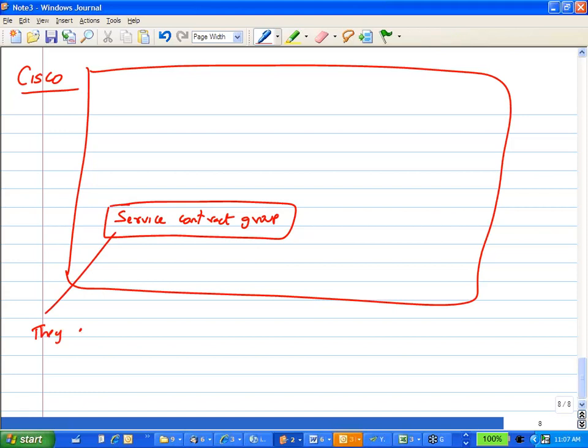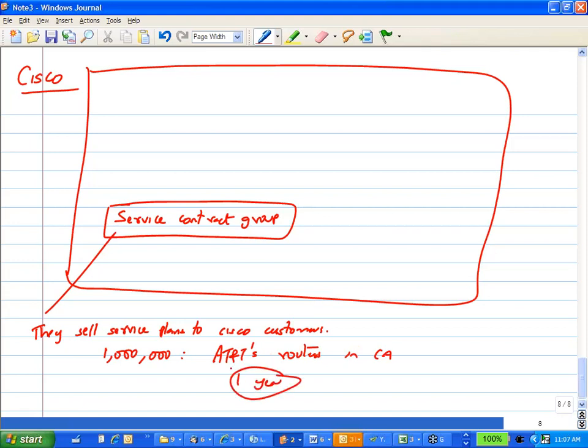They sell service plans to Cisco customers, which means that when a Cisco customer buys a router or a very fancy device, Cisco's products are used by AT&T and Sprint and all these, and Cisco might sell maybe a $1 million service plan on all of AT&T's routers in California, which are Cisco routers, for 1 year.